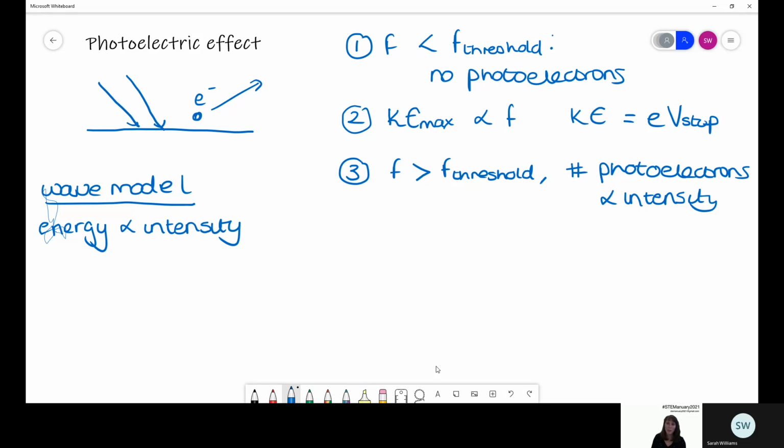So inside a metal, electrons have a range of energies, but we can define the work function, which I'm going to call phi, as the minimum energy required to free an electron.